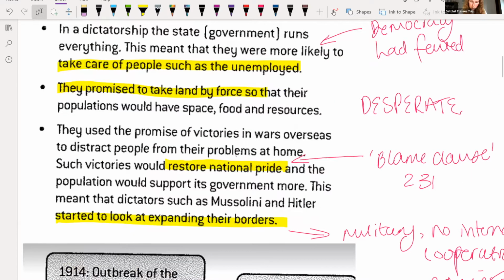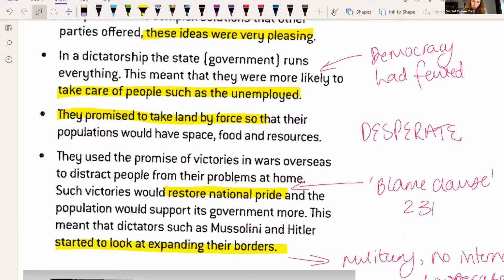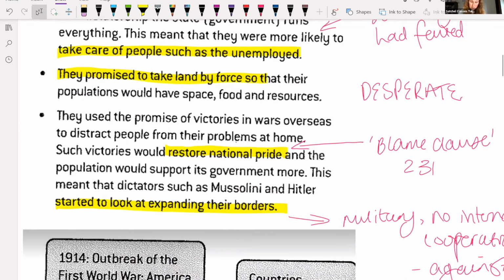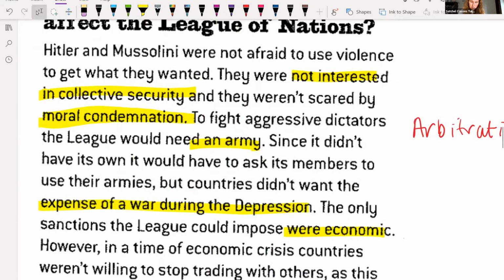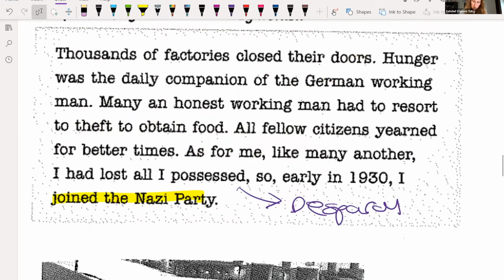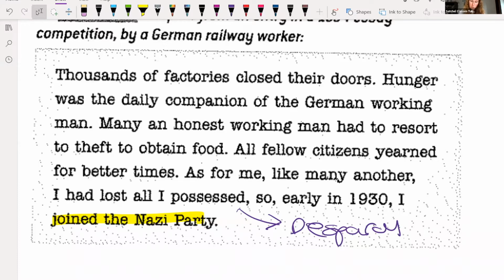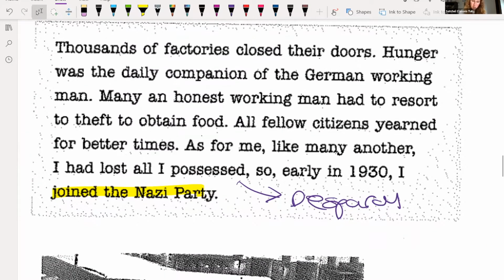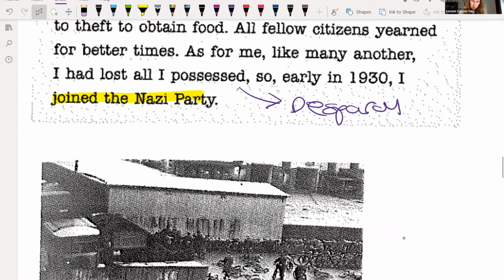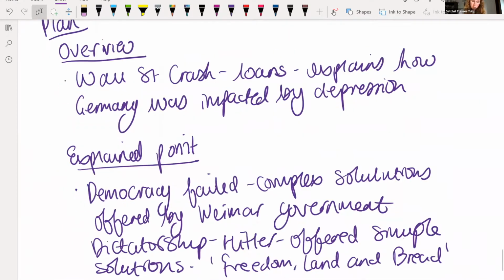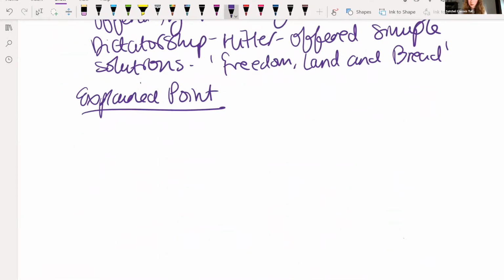So my second one is going to be the idea that, well, in fact, I'm going to use the evidence from this source. So the unemployment rate in Germany at this time, and how the people were desperate for food and resources.